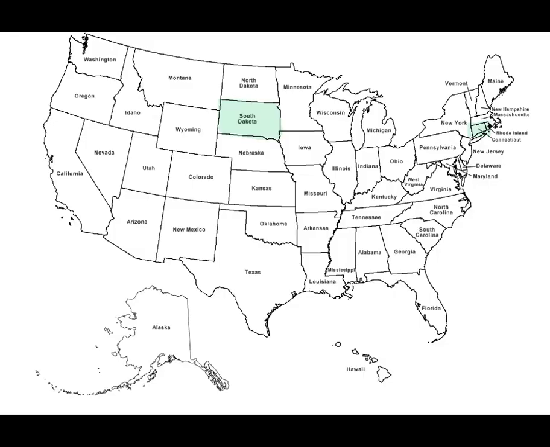We know that the cat was seen in Wisconsin and in Minnesota. So here's Minnesota. And here is Wisconsin. So you can see the cat is traveling east, right, toward Connecticut.